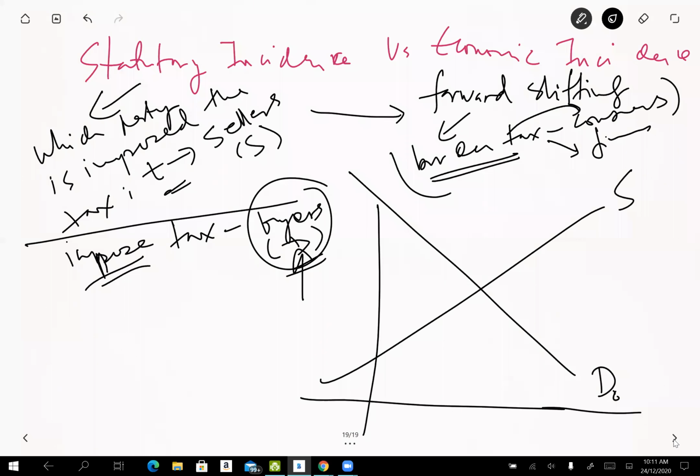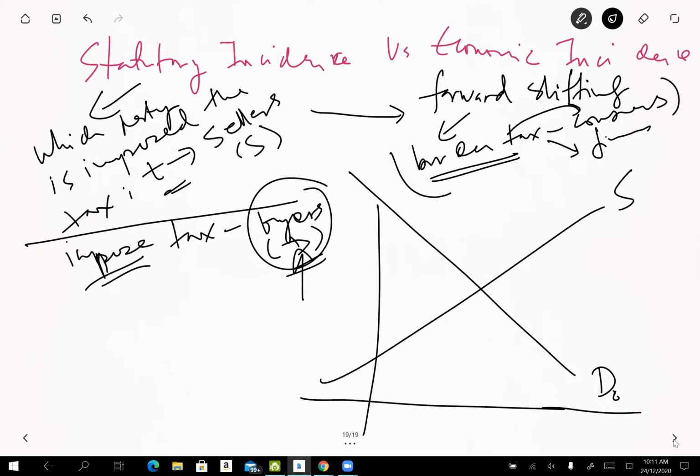To the left, sir. Why left? How do you explain that? Because when tax increases, it reduces their income, so they would reduce their demand. That's right.